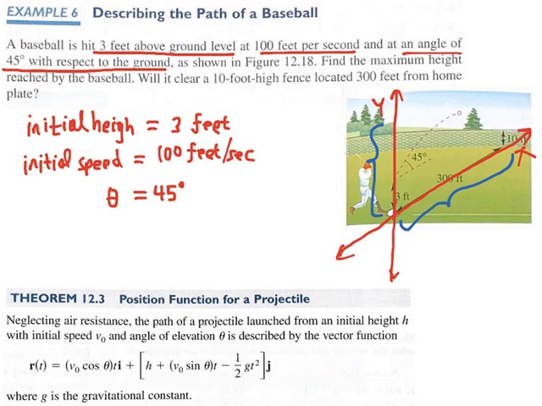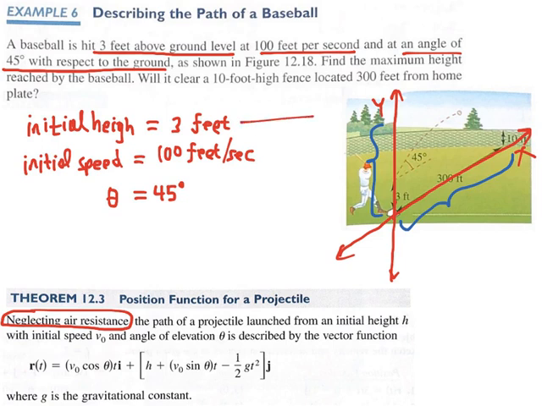We will go ahead and write the position vector for the baseball using theorem 12.3. We are, of course, neglecting air resistance. The path of a projectile launched from an initial height h with initial speed v0 and angle of elevation theta is described by the vector valued function r of t is equal to v0 cosine theta times t i plus h plus v0 sine theta t minus 1/2 g times t squared times the standard unit vector j, where g is the gravitational constant.